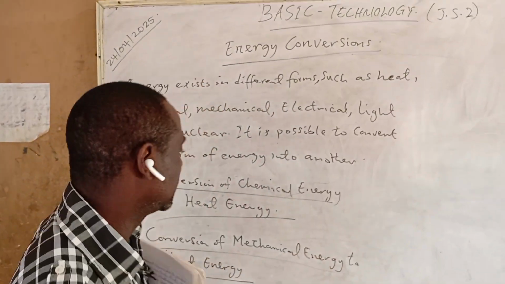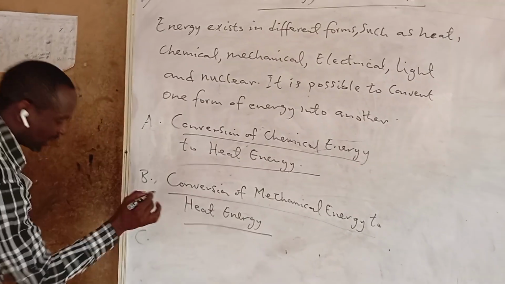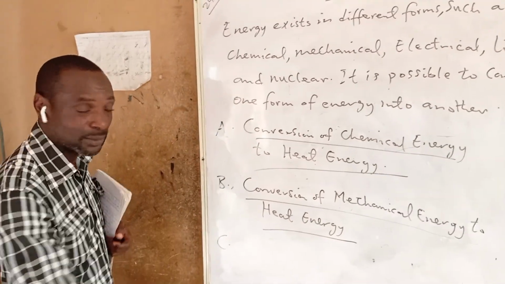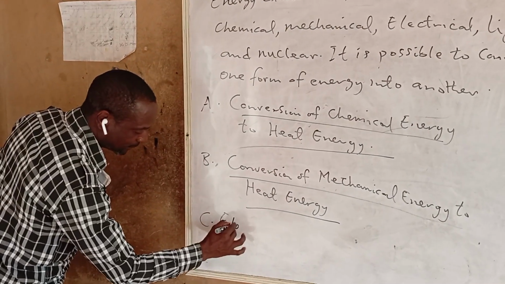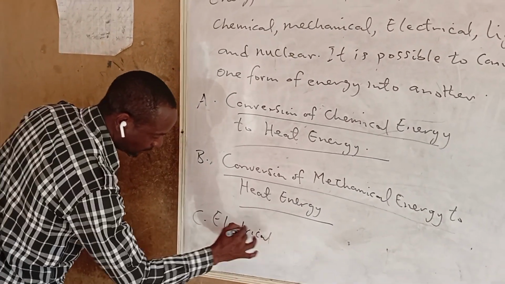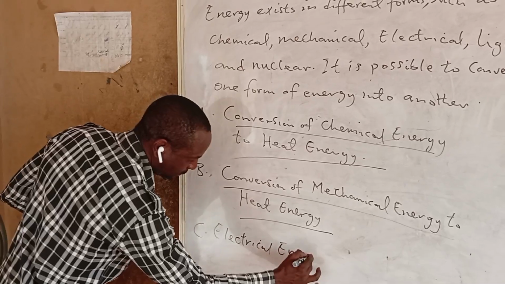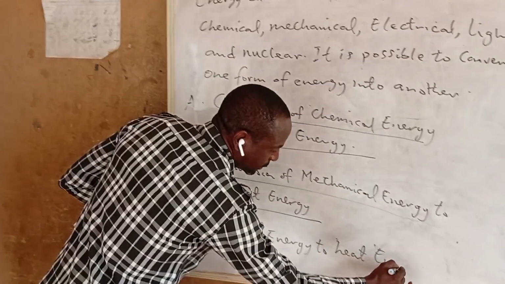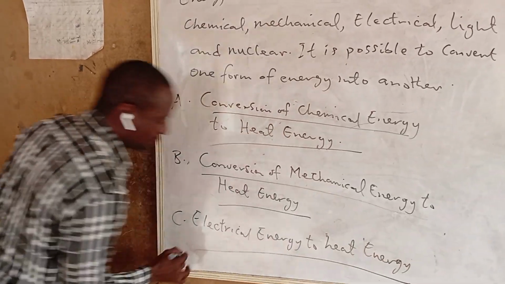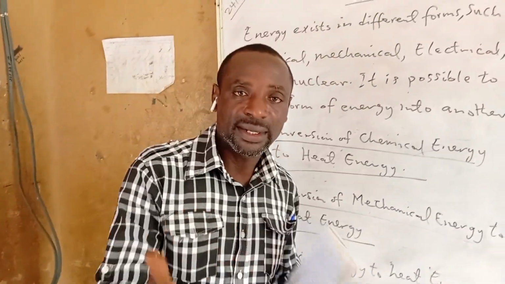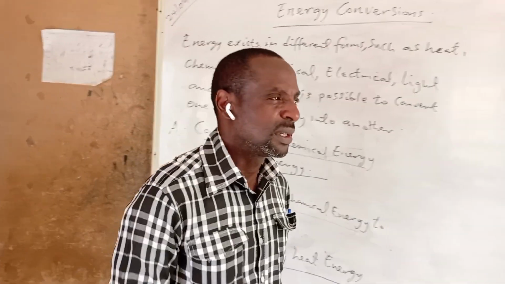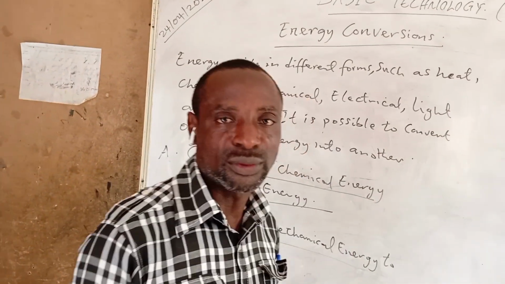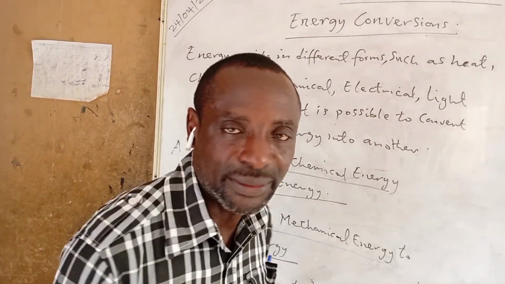Now another example, we can talk about conversion of electrical energy to heat energy. A good example is the electrical cooker we use at home, or your pressing iron.